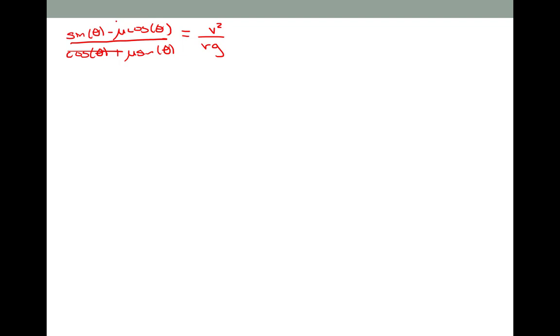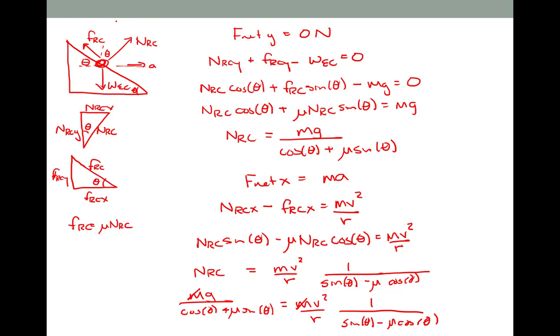Okay. Now, in this case, friction points up the ramp. What would cause friction to point up the ramp? Well, in this case, we're not turning the wheels, which means that naturally the car would want to slide down.